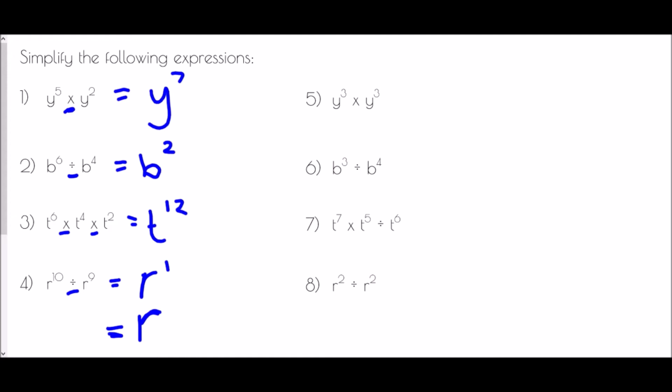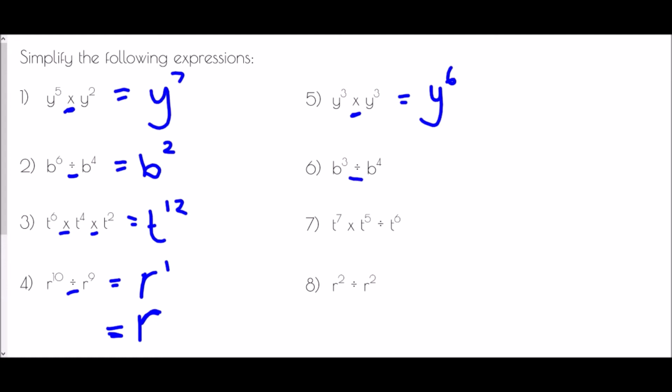In number 5, we've got y cubed times y cubed. Again, we've got a multiplication, so we're going to add those powers together. The base is going to remain as y. 3 plus 3 is 6. And so then in question 6, we've got b to the power of 3 divided by b to the power of 4.